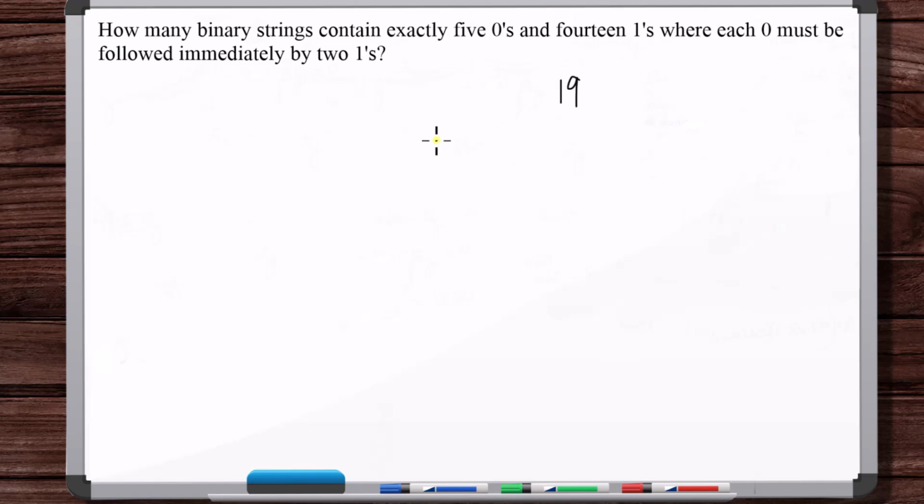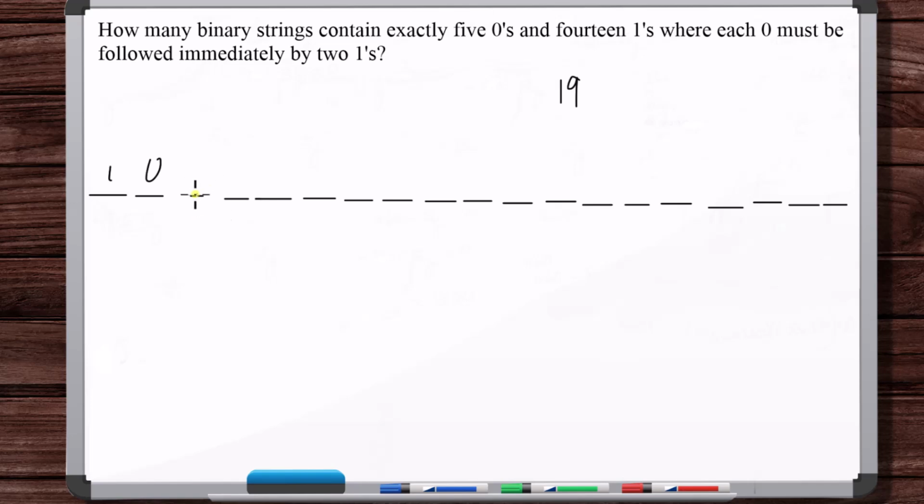So that's going to be 19 factorial. Or no, not 19 factorial. It's like you've got 1, 2, 3, 4, 5, 6, 7, 8, 9, 10, 11, 12, 13, 14, 15, 16, 17, 18, 19.